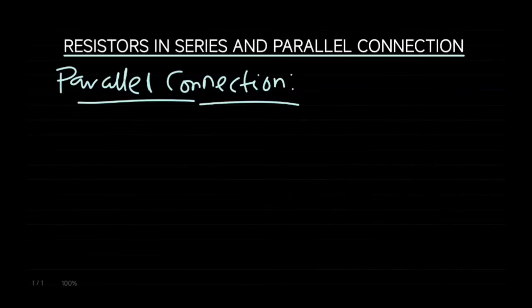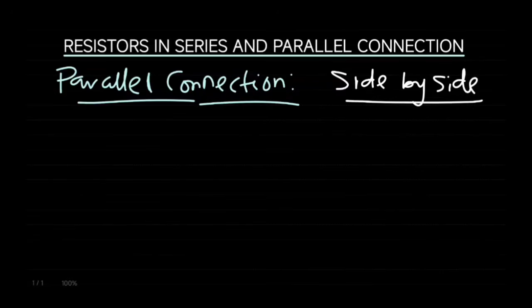Now, resistors in parallel connection is quite different from resistors in series connection. Resistors in parallel connection are connected side by side. And in parallel connection, the potential difference is the same, while the current is different.